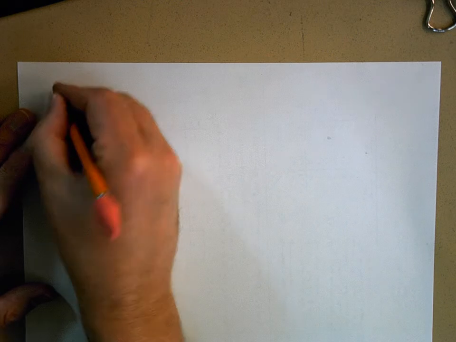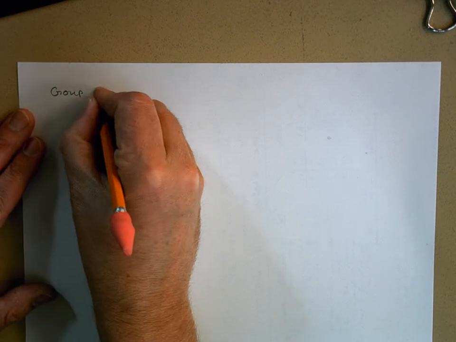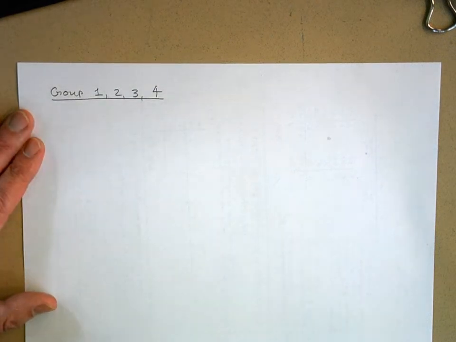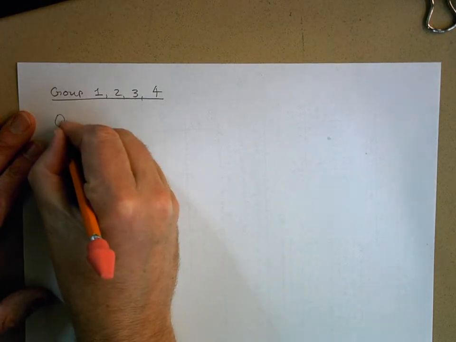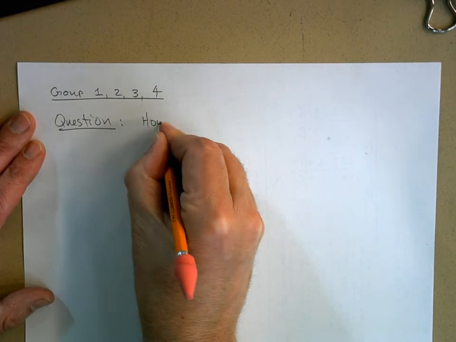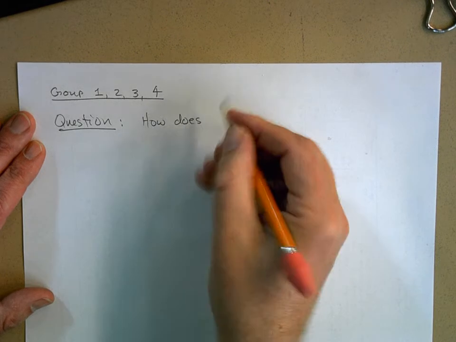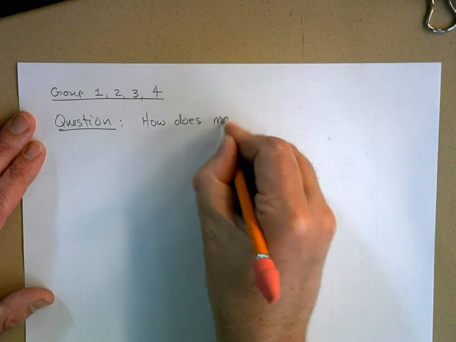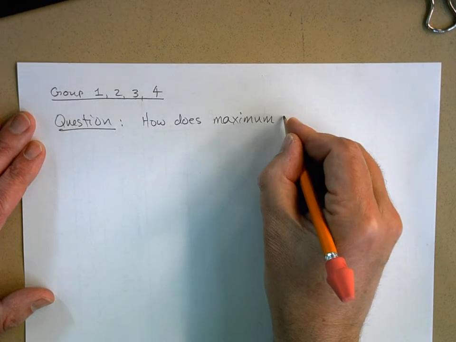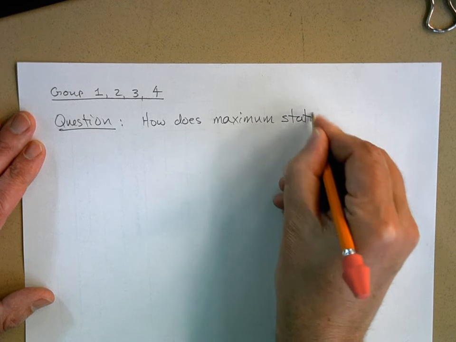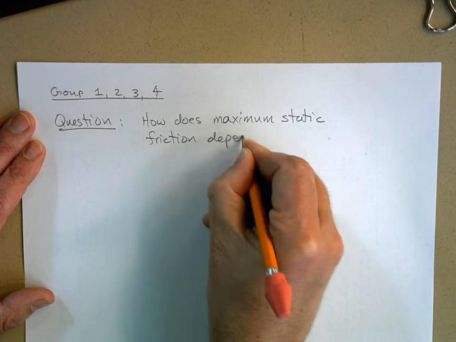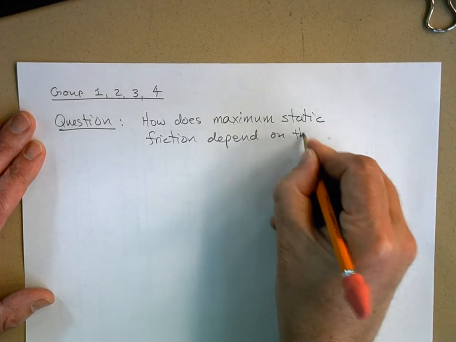If you're in group 1, 2, 3, and 4, this is the question you are going to answer: How does maximum static friction depend on the normal force?